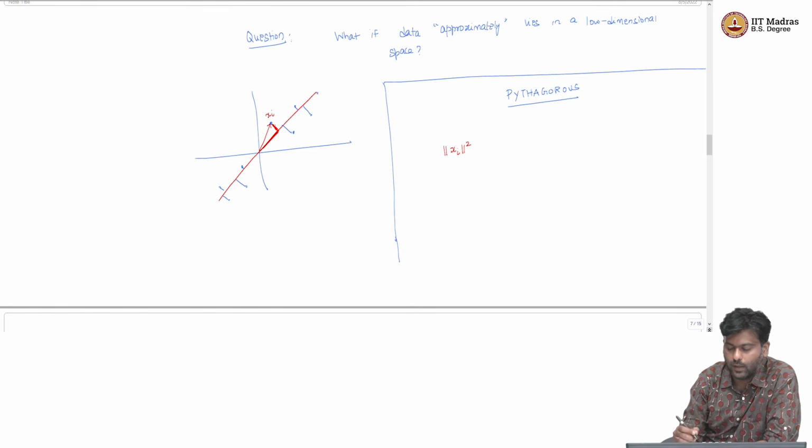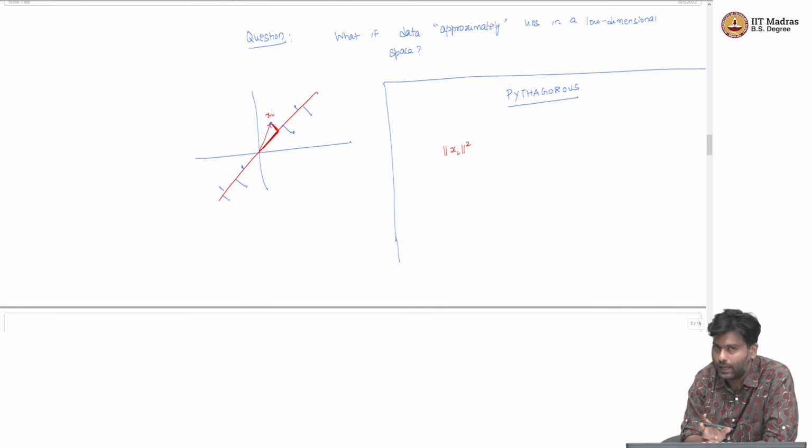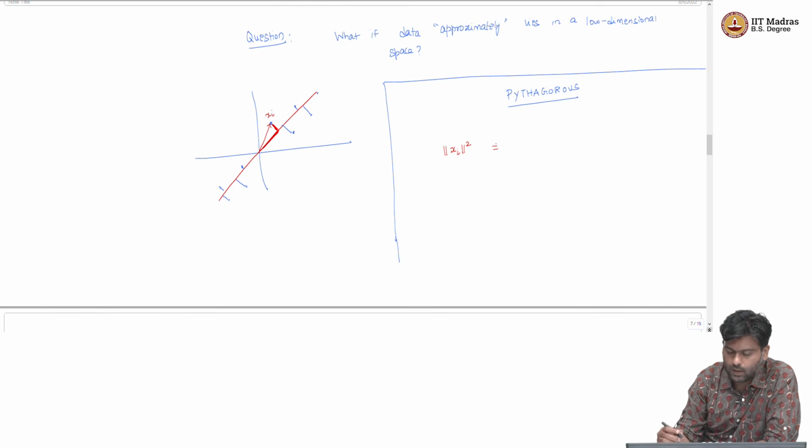So, length squared of xi is the sum of the length squared of the projection onto any fixed line plus the error vector that it suffers with respect to that line, right. So, this is xi minus xi transpose w into w squared plus xi transpose w into w squared, right.